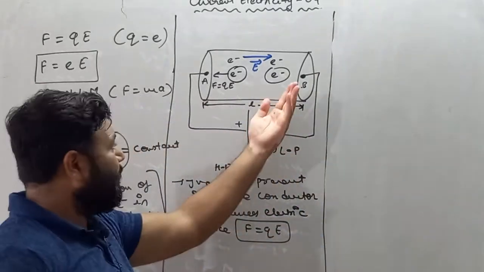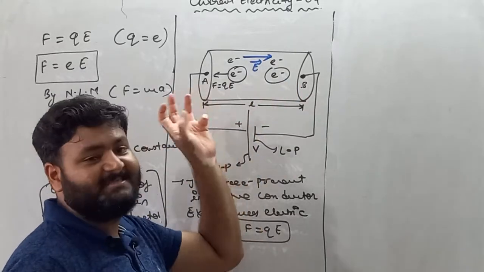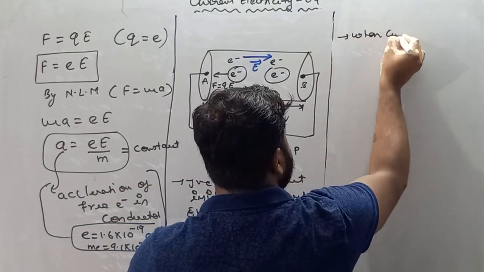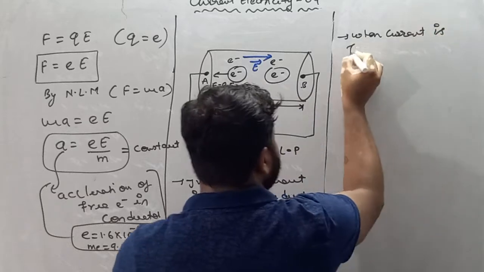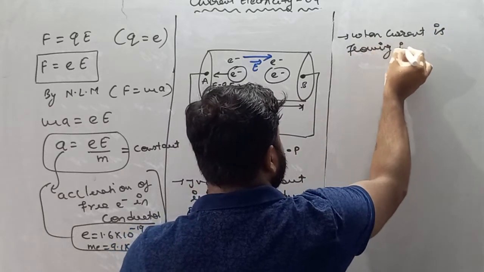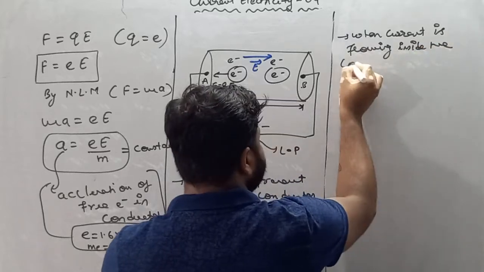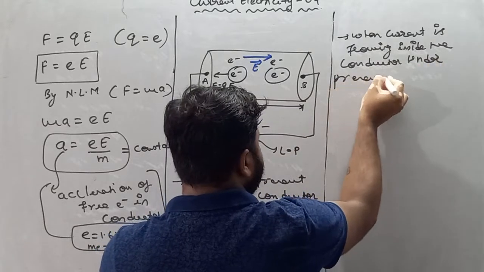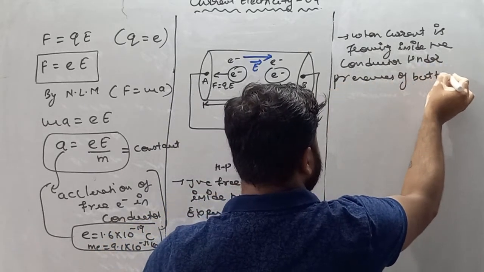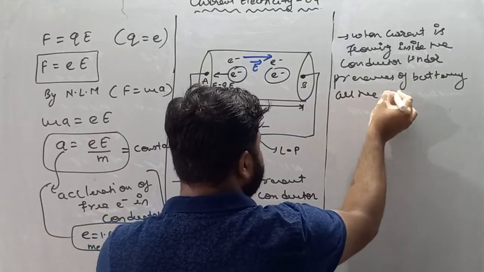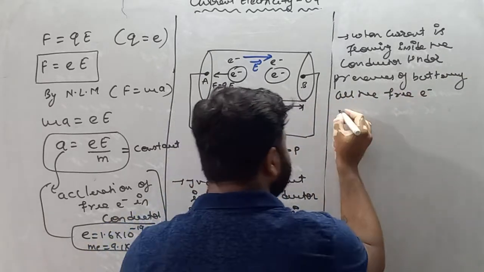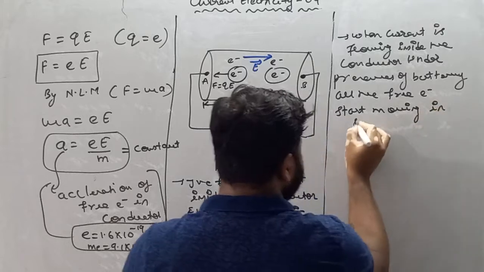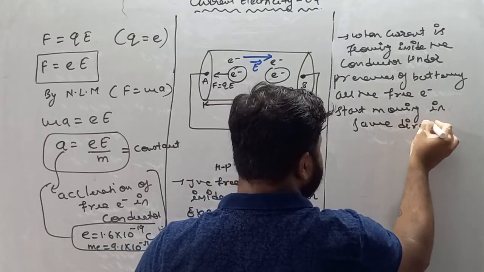So we will say when current is flowing inside the conductor under presence of battery, all the free electrons start moving in the same direction.